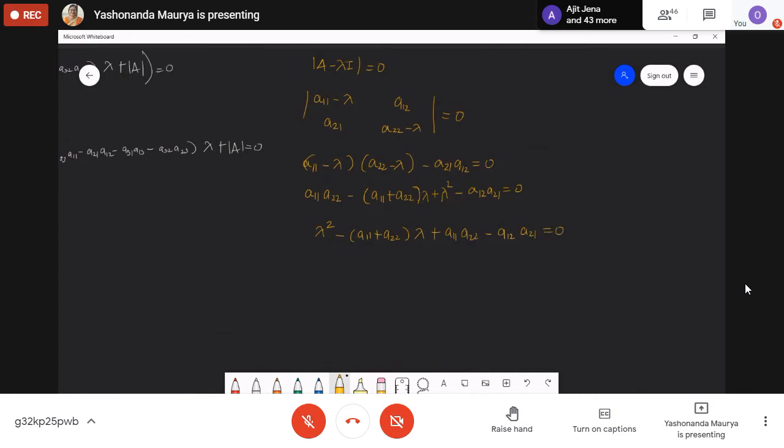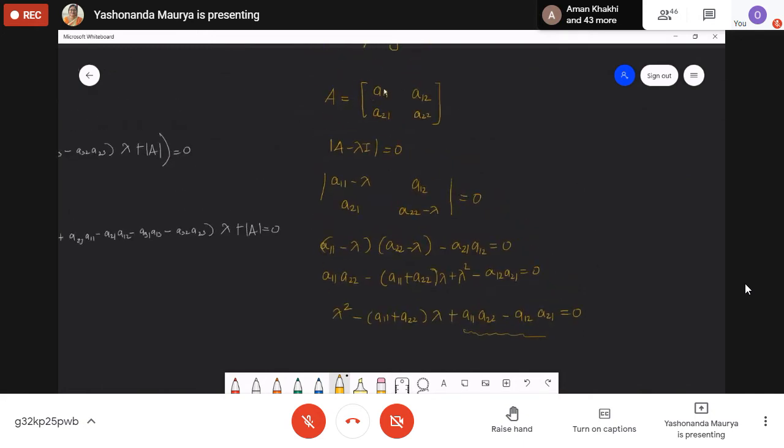Now check out what this last value is. This is A11 multiplied by A22 minus A21 multiplied by A12, which is actually the determinant of A.